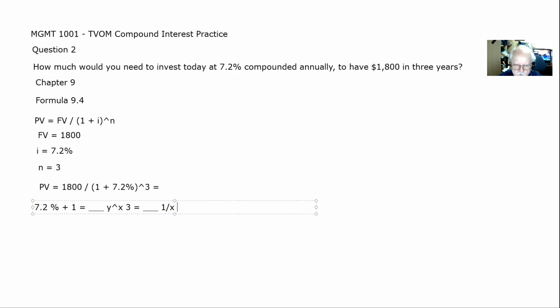And I'm going to go times the 1800 equals, and I get some kind of an answer, 1461.27615. But of course, we're working with money, so I've got to go to 2 decimals. 1461.13.